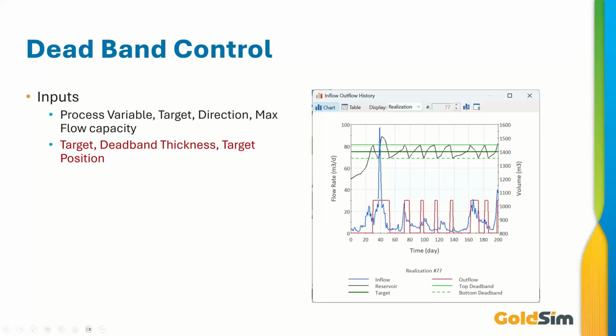In this case, we're controlling outflow from a reservoir with uncontrolled inflow, and you can see the result here. The black line is the process variable, as it's called, the thing we're trying to control, right? And the output of the controller is the red line. And so the result is here is our target, this dark green line. And the model is trying to control that flow so that it stays within the deadband around this target.